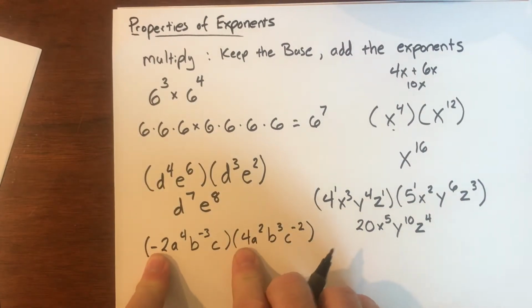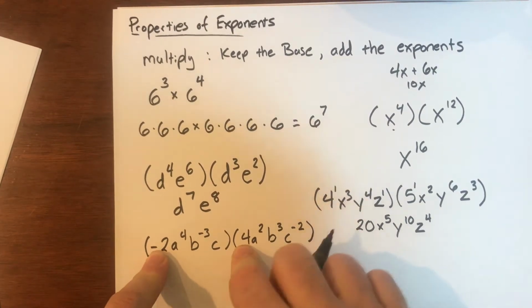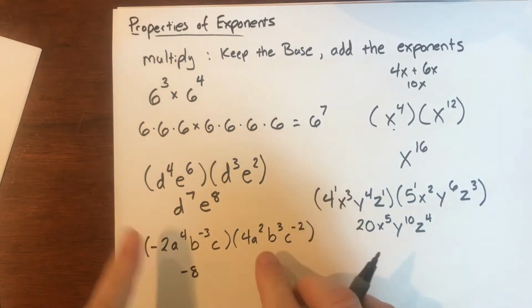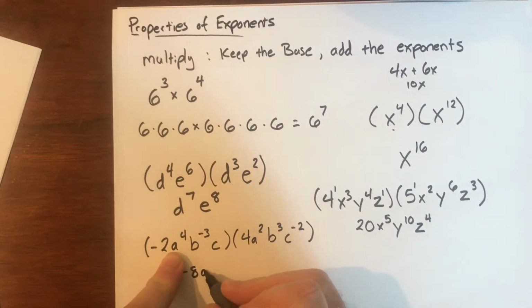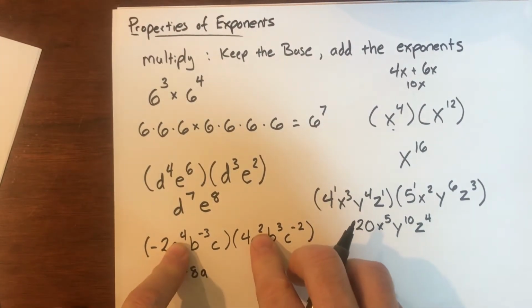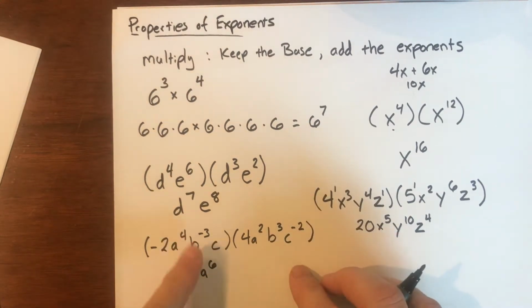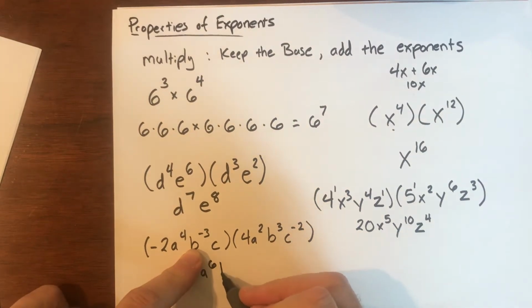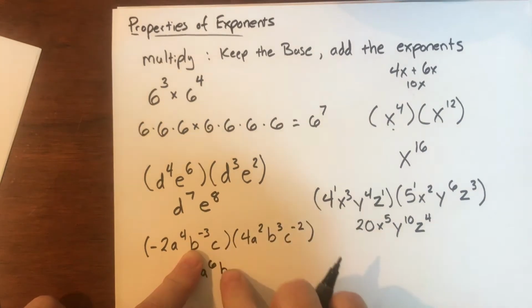First things first, coefficients. -2, 4. Negative times a positive is a negative. 2 times 4 is 8, so -8. We have a matching pair of a's. Keep that base. I've got 2 and 4, which makes 6. Moving over, I've got matching b's, so I'm going to keep that base. Keep the base no matter what. If there wasn't another b to match up with it, you just put it down.